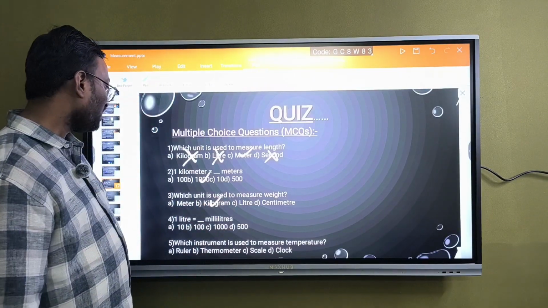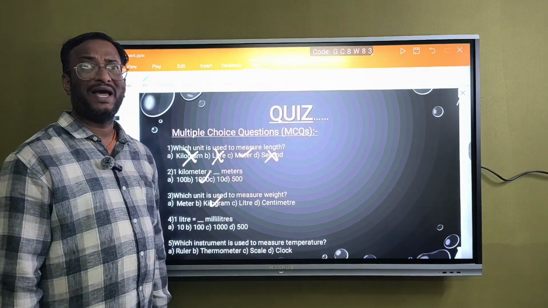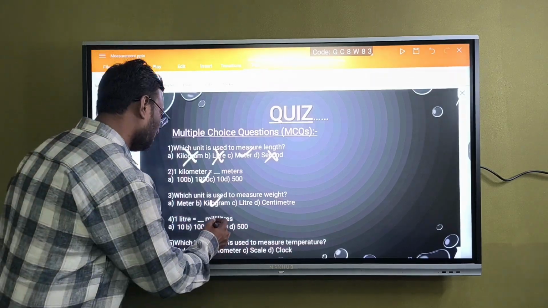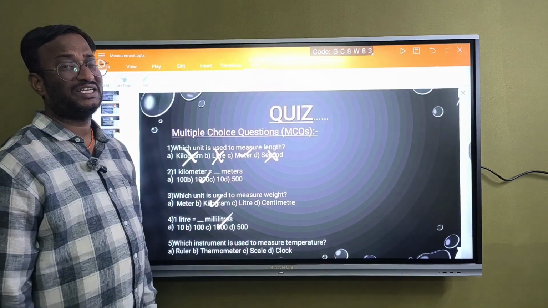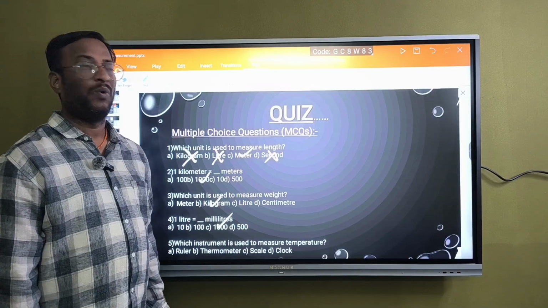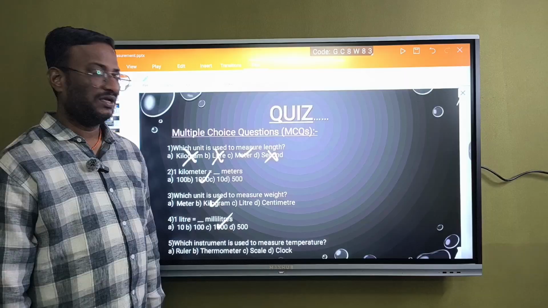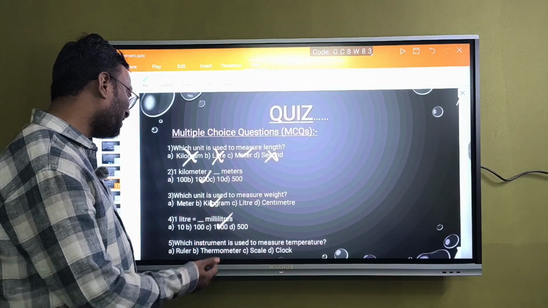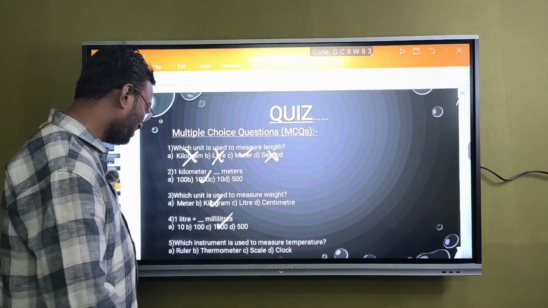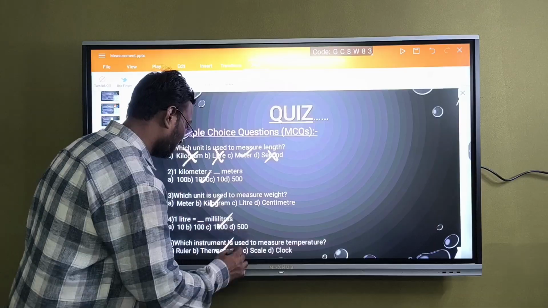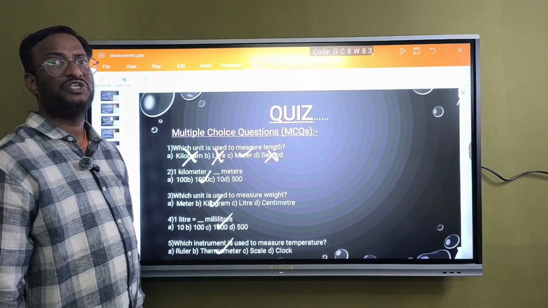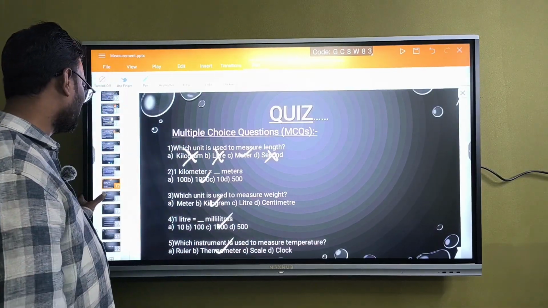Kilogram. 1 liter is equal to how many milliliters? 1000 milliliters. Which instrument is used to measure temperature? Thermometer. A thermometer is an instrument which is used to measure temperature.